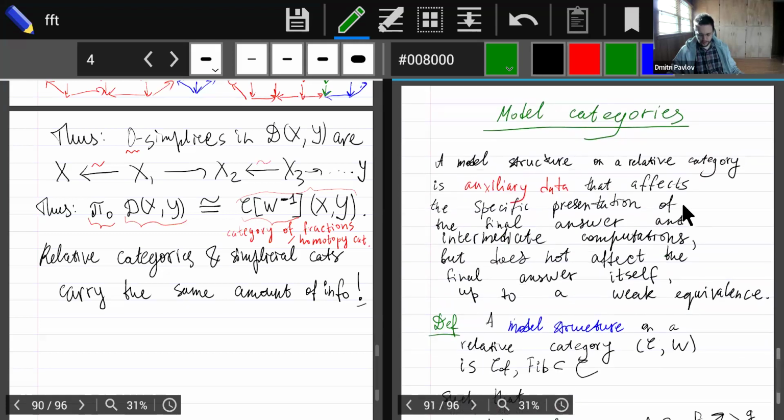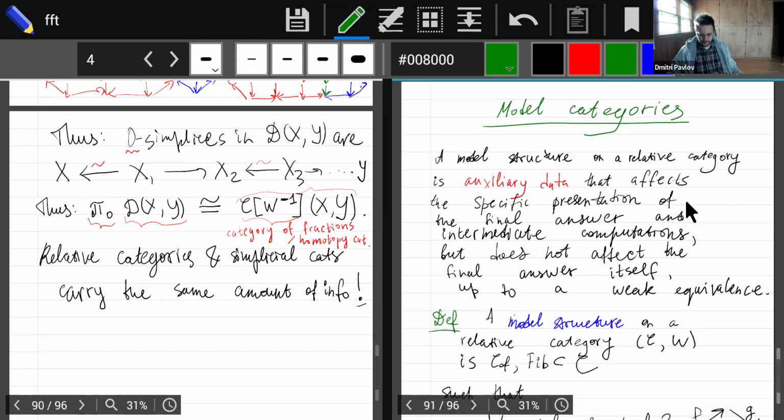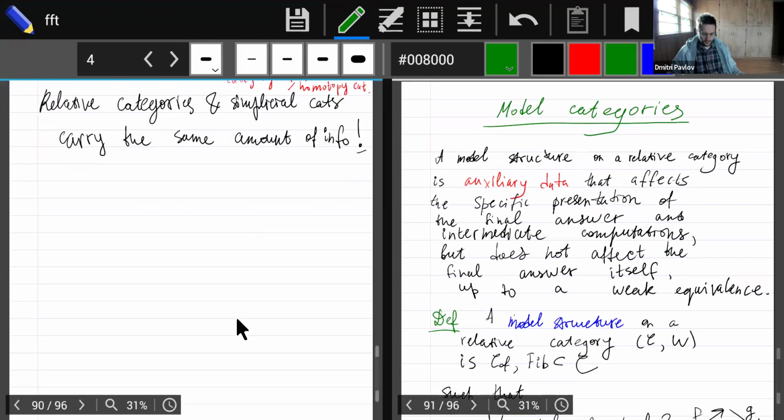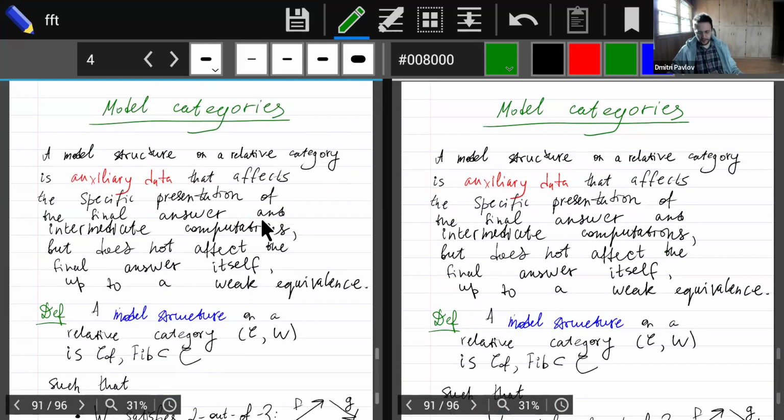Let's move on to model categories. And let me also demystify model categories, at least clarify one point immediately, which was not obvious to me until I first started to study model categories a long time ago. The thing to emphasize is that maybe the most natural way to think about model categories is that a model structure is first of all defined on a relative category.